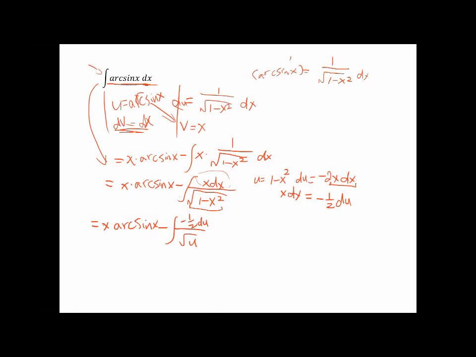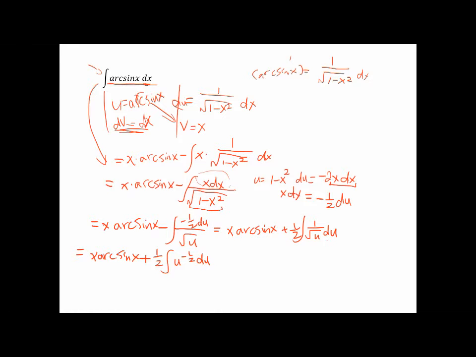So I keep rewriting it. I take this constant out, so x arcsine x plus 1/2 integral 1 over square root u du. Keep rewriting: x arcsine x plus 1/2 integral u to the negative 1/2 du, right?